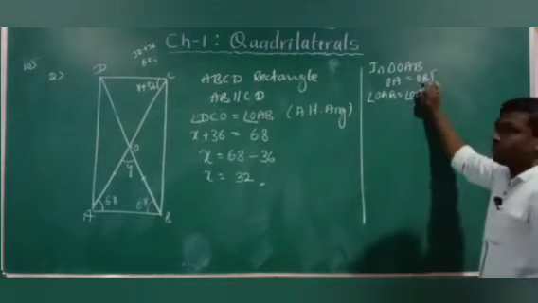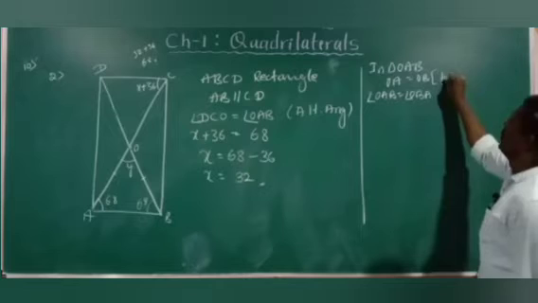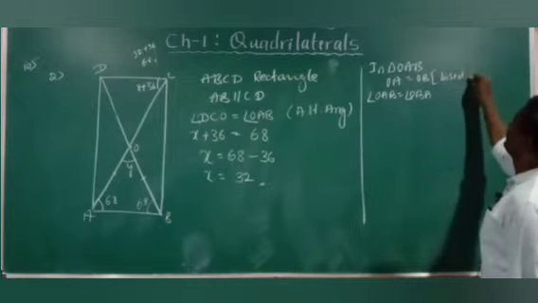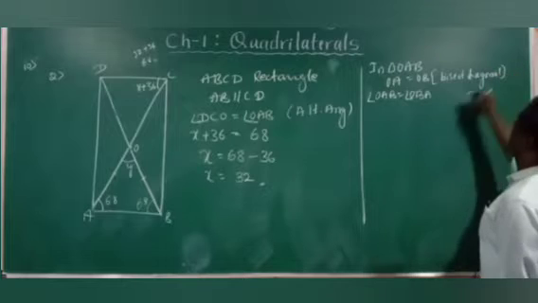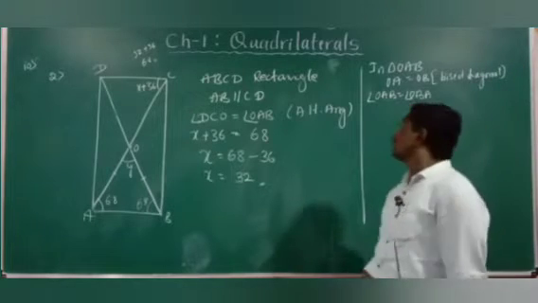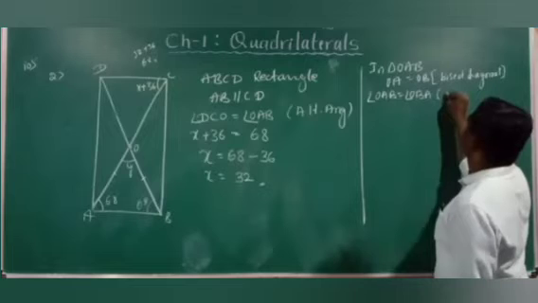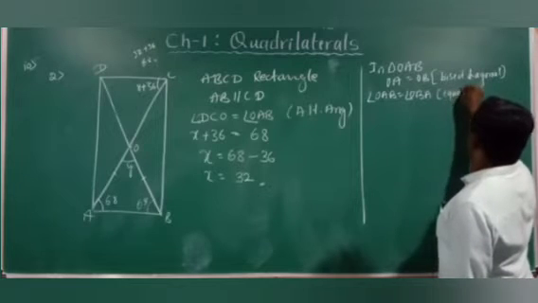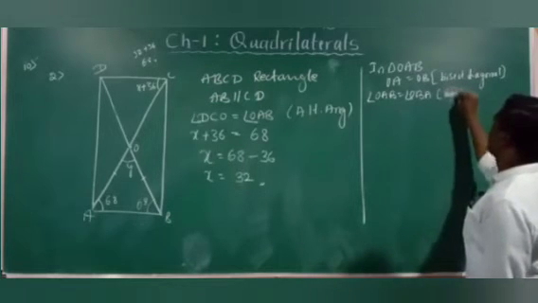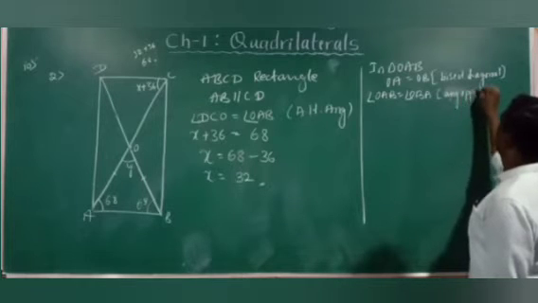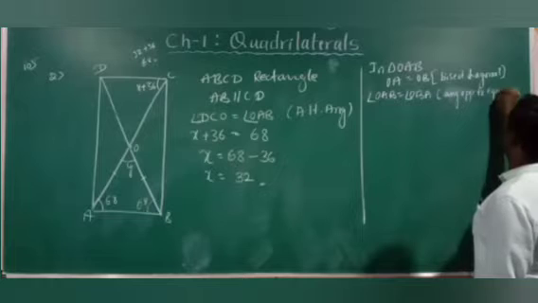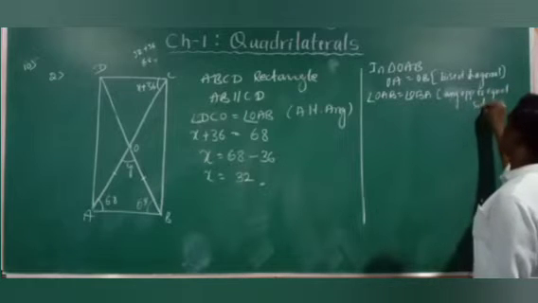What can you write here? OA is equal to OB, bisected parts of the diagonals. Here, equal angles are opposite to equal sides.